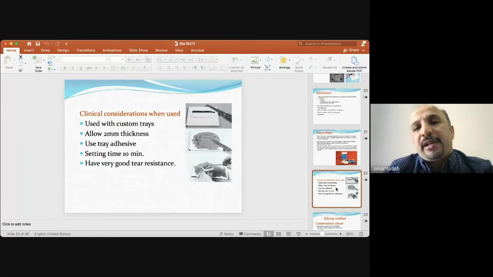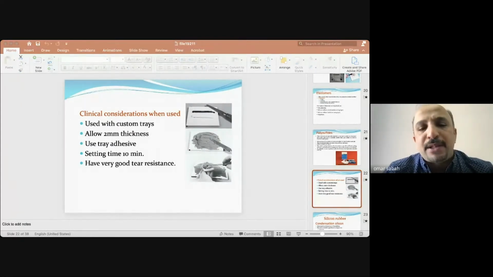Your special tray. By the way, how can I control the special tray to keep it away from the hard or soft tissue that I need to record? Now, I think most of you did it, right? You made the special tray in the lab.